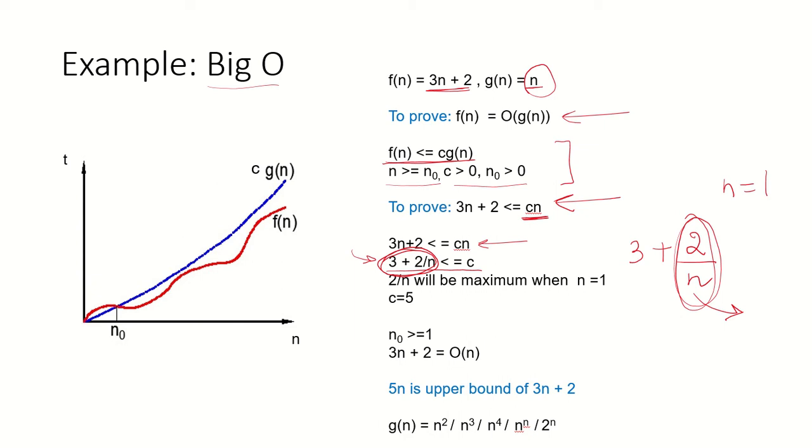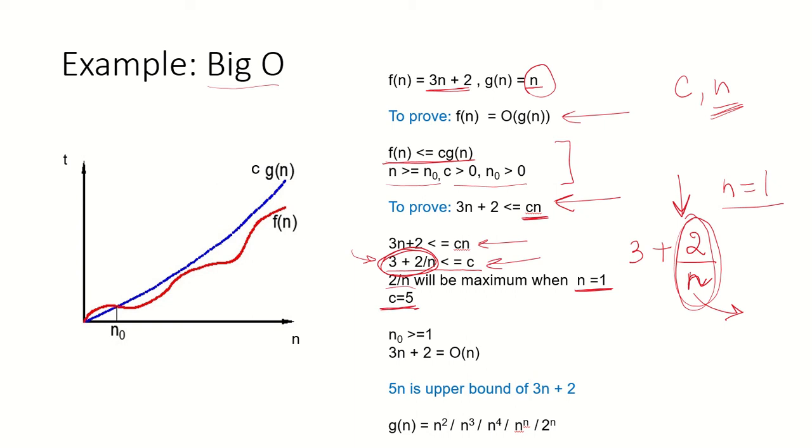Since c and n are positive constants, we cannot make n a negative number or a float value. These are positive integers. So the least value of n, which will make 2 by n maximum, is n equal to 1. So if n is equal to 1 and if we solve this, c is 5.